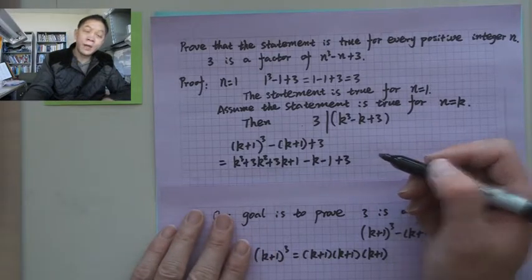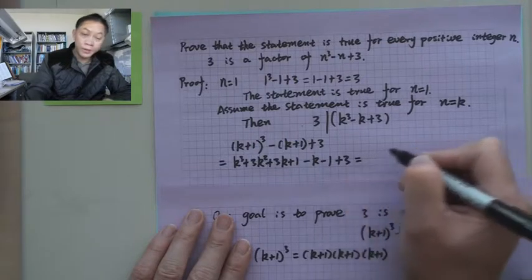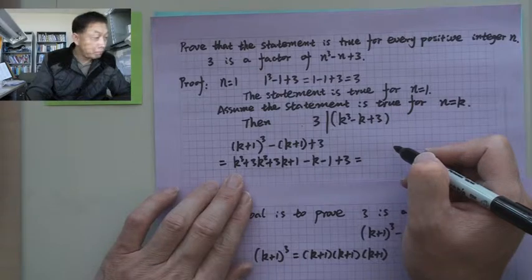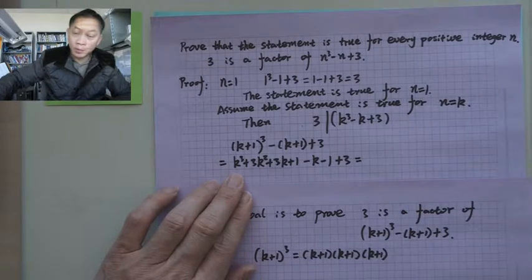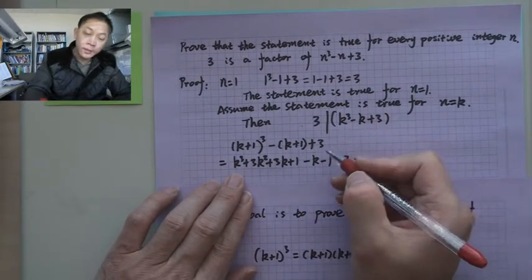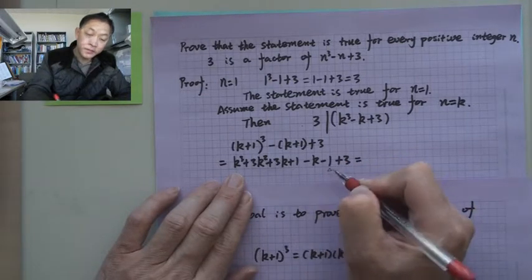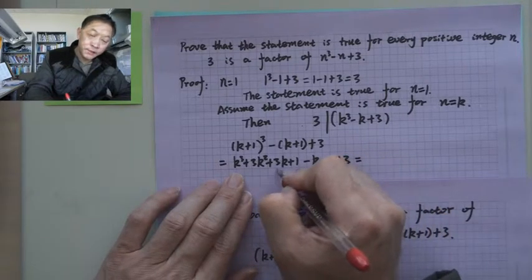Now what we can do is cancel something right here. First, you do the cancellation. You may cancel that with that, and then you may add those two together.